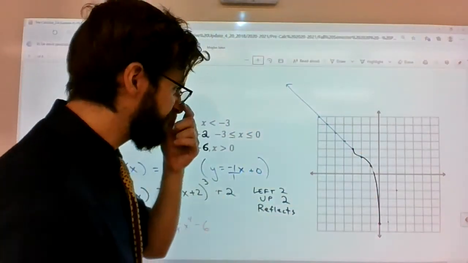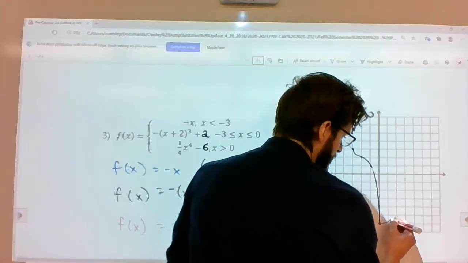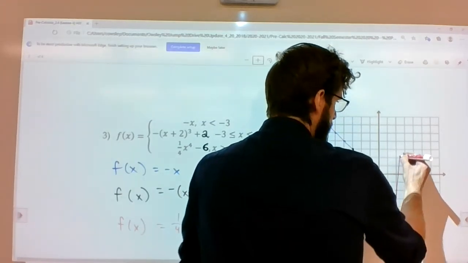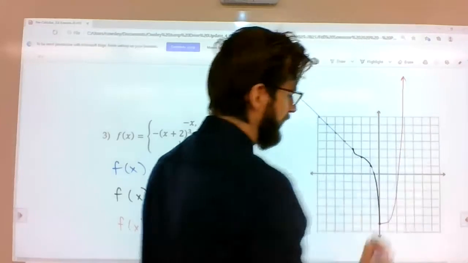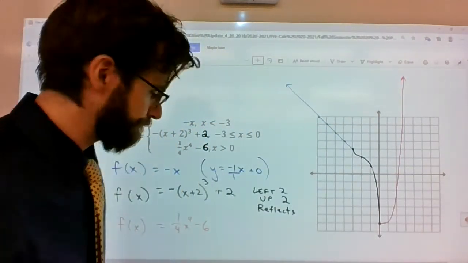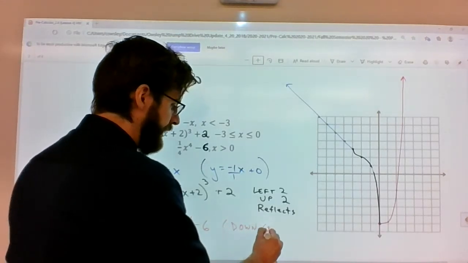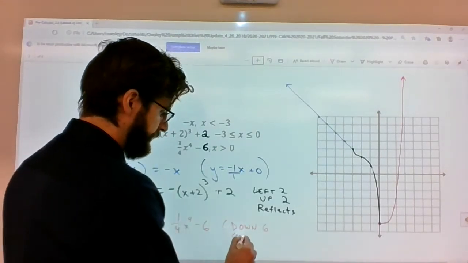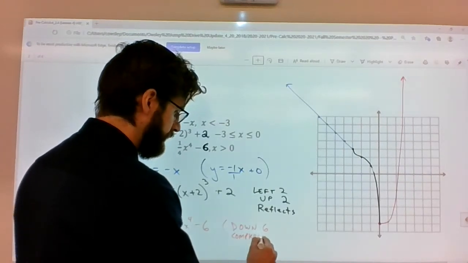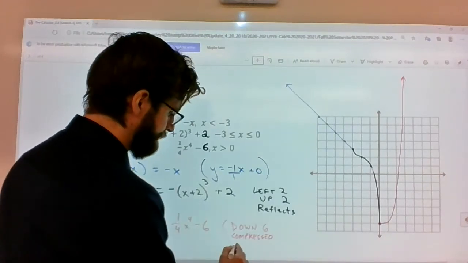So what I'm going to do is say it's got that parabola type shape, and then it moves up really, really quick. So I would just say down 6, compressed, and then it looks kind of like a parabola.